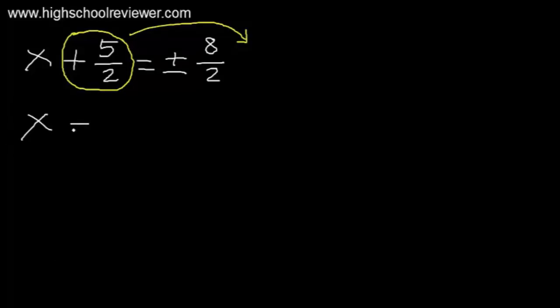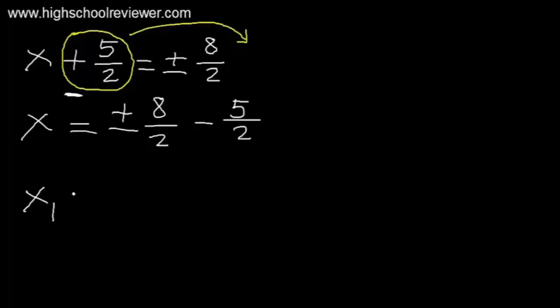Okay, to find for x, we need to transpose positive 5 over 2 to the other side. So our x now will be x is equal to plus minus 8 over 2. If we transpose this, it will change sign. So from positive, this will become negative 5 over 2.